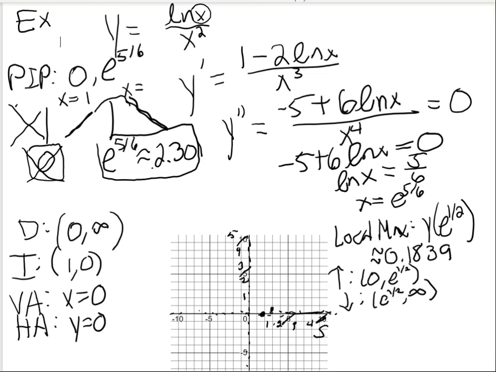We can still use this test value of x equals 1. But we need to choose a new one over here. We'll choose 3. You plug in 1 to the second derivative. You're going to get negative 5 over 1, because natural log of 1 is 0.